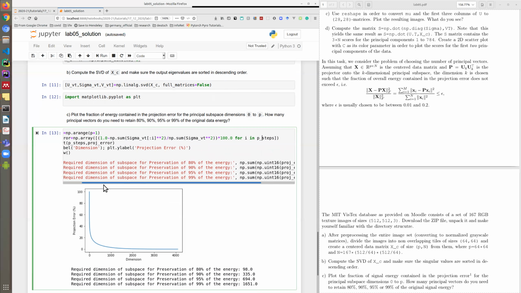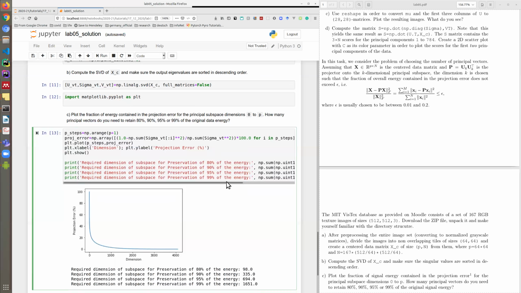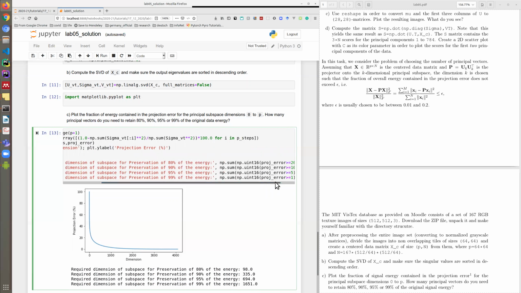And now we see how many dimensions are required to preserve 80% of energy, 90%, 95%, and 99%. So what we do here is we simply see where the projection error is greater than 20, and we find that dimension by adding +1.